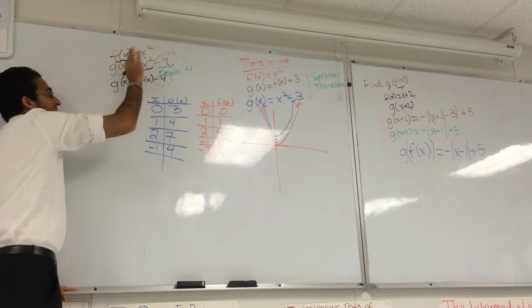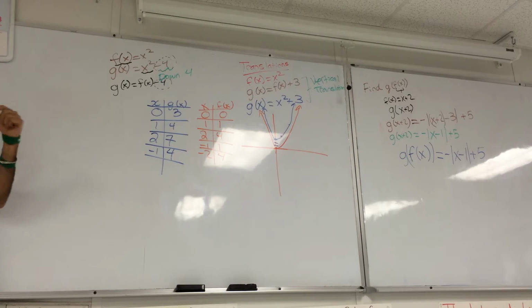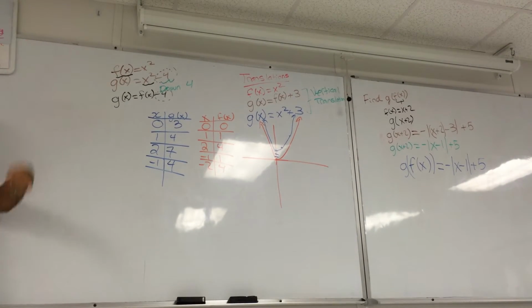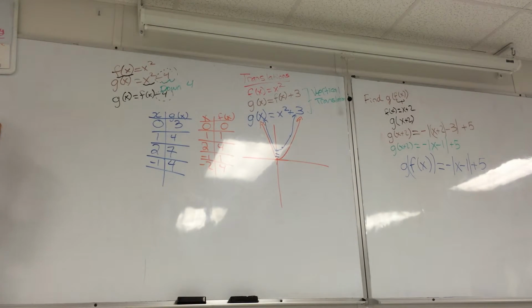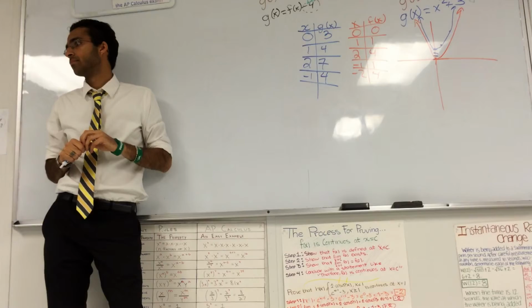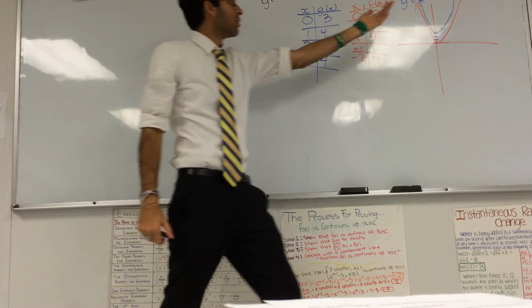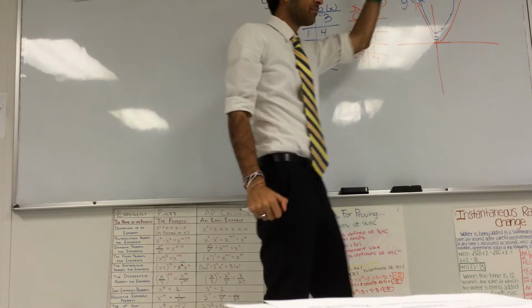This has no effect on the x. It comes after the x, so it only changes the y coordinate. Vertical transformations only change the y coordinate. Javier. So it would just be basically the indicator of the direction with the vector. Yes. So if it's minus 4, we go down 4. Plus 3, we go up 3.